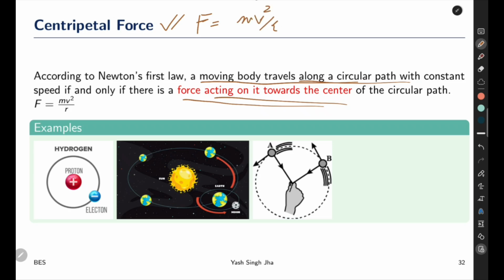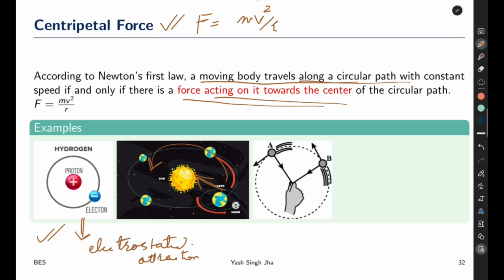For the hydrogen atom, the centripetal force is provided by electrostatic attraction. The proton attracts the electron and provides the necessary force for uniform circular motion. In the case of the earth going around the sun, the gravitational force provides the centripetal force.